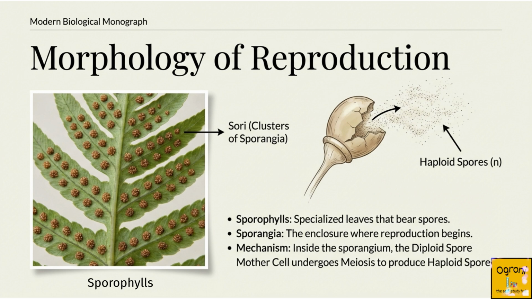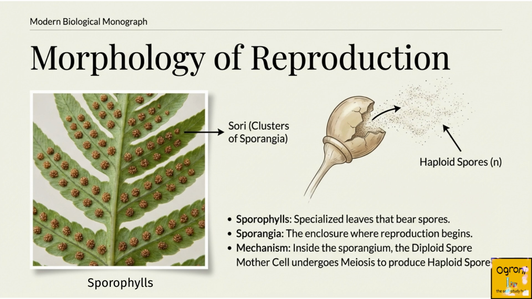Reproduction. Reproduction in pteridophytes begins in sporophylls, which are specialized leaves that bear clusters of sporangia called sori. Inside the sporangium, the diploid spore mother cell undergoes meiosis to produce haploid spores.